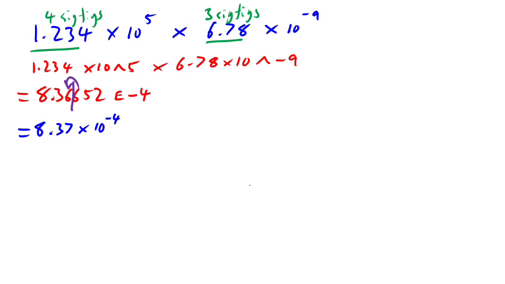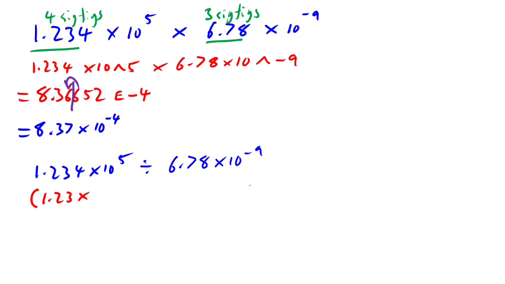Okay, now we can look at the dividing. So if we did 1.234 times 10 to the 5 divided by 6.78 times 10 to the neg 9, in our calculator we'd have to type in brackets: 1.234 times 10 hat 5, close your brackets, divided by, open your brackets again, 6.78 times 10 hat neg 9, close brackets.